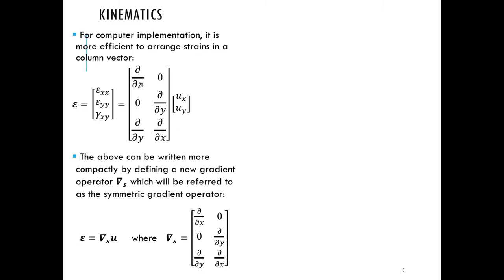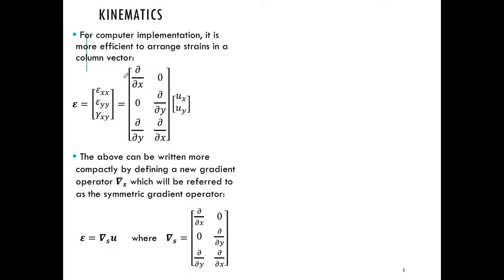Recall, this is not the standard del operator. It essentially consists of, in the first row, del by del x and then 0. That's important. And then 0, del by del y. And then in the third row it has del by del y as the first term and then del by del x. So it's something interesting and something new, right?